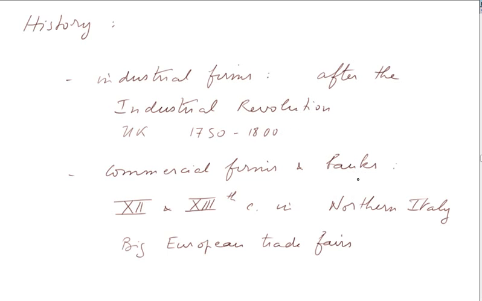Commercial firms and banks have a different history. Of course, you can say that commercial firms exist since the beginning of times, but modern commercial firms date from after the year 1000 in Europe, and more specifically in northern Italy.